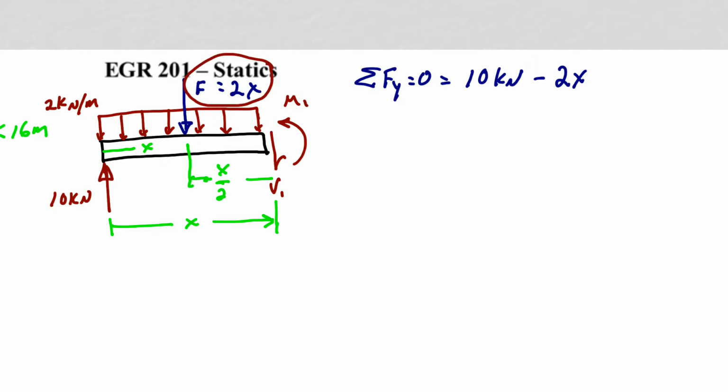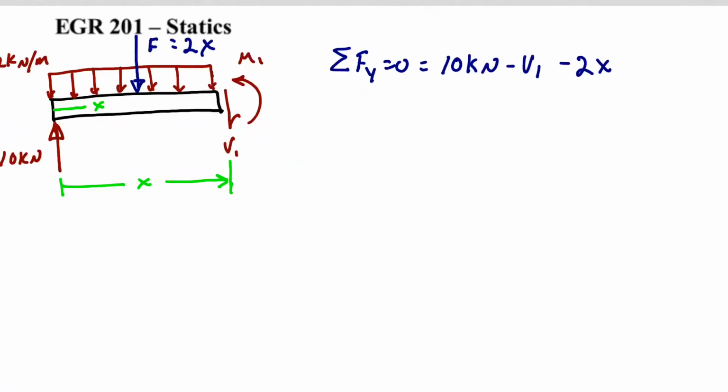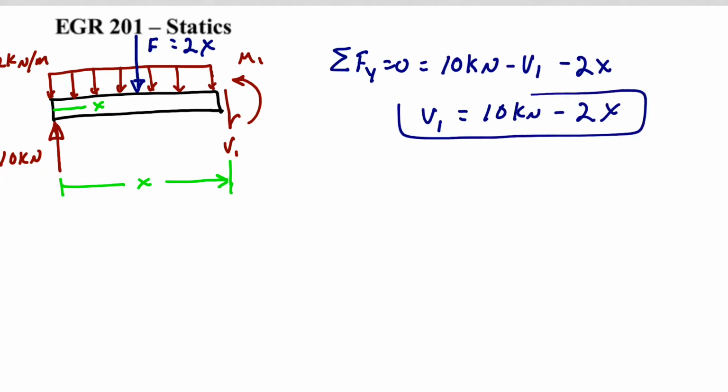That is the distributed load, which is just the area under the curve. And then last we have our minus V1. So if I rearrange this, I have V1 equals 10 kilonewtons minus 2x. That is the equation for the shear along x between that range.